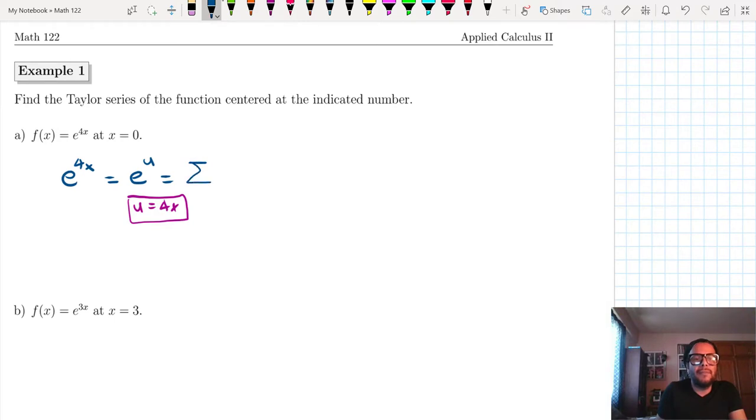That is sigma n equals 0 to infinity of u to the n over n factorial. Now I'm going to substitute whatever we have for u, sigma n equals 0 to infinity of whatever u is, which in this case is 4x. And we're done, basically.